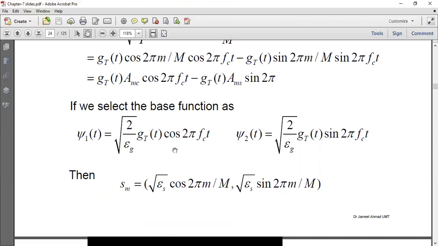So we will have cosine 2 pi m over M, which is AMC, times the square root of the signal energy. This will be the first point, and this is the second point. By varying the value of m, we will get multiple constellation points.